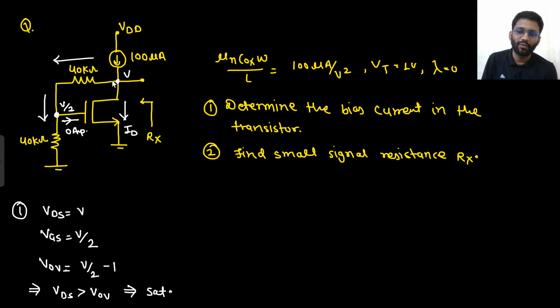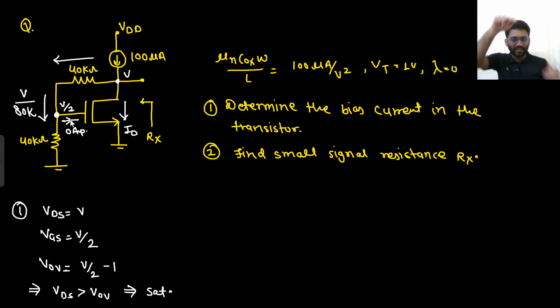So tell me, what is the amount of DC bias current flowing in both 40 kilo ohm resistances? V by 80 kilo ohm. Are you agreeing to this point? This potential is V. 40 kilo ohm and 40 kilo ohm are in series because this MOS is driving 0 ampere current.